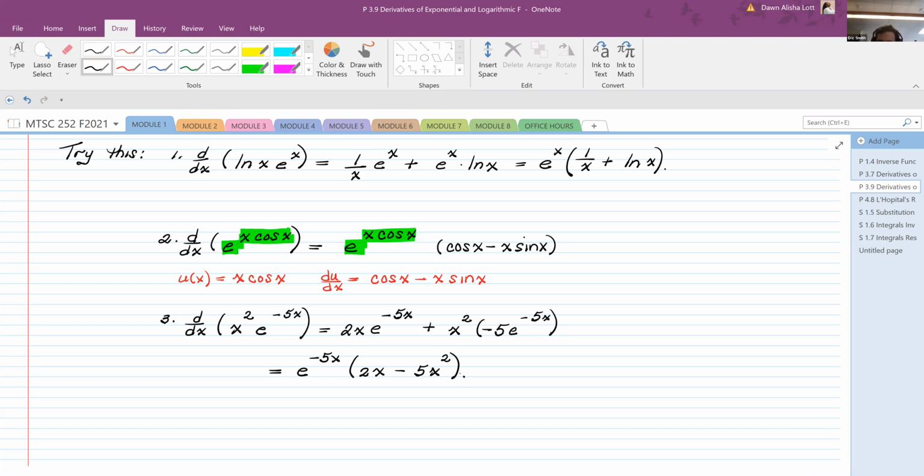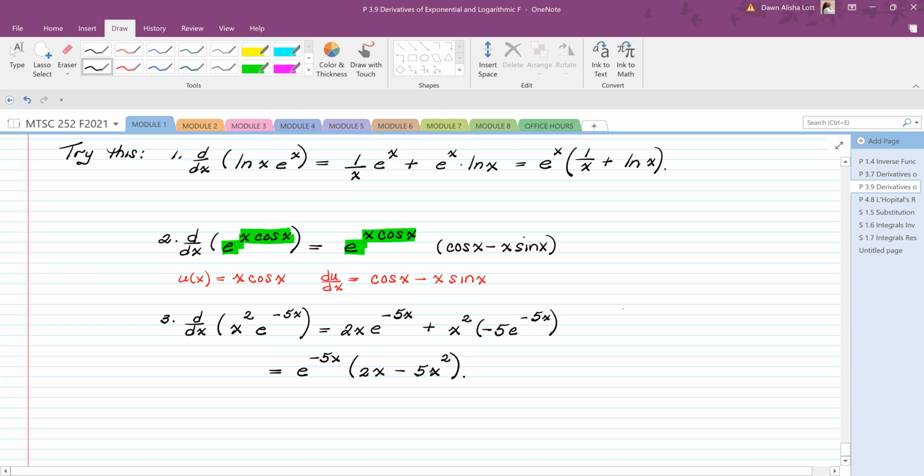I'm just curious as to why it is negative 5 times e to the negative 5x; I had thought it was negative 5 e to the negative 5. Okay, so you're curious as to why it's negative 5 e^(-5x). I did the derivative of the first times the second, plus the first times the derivative of that.